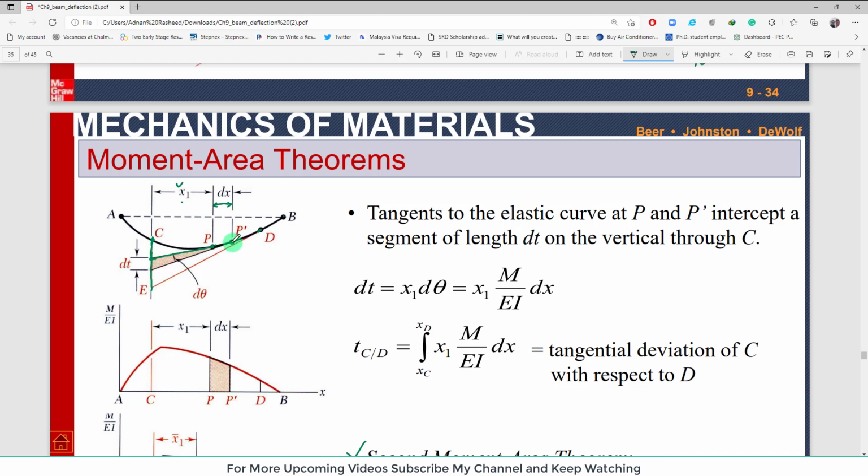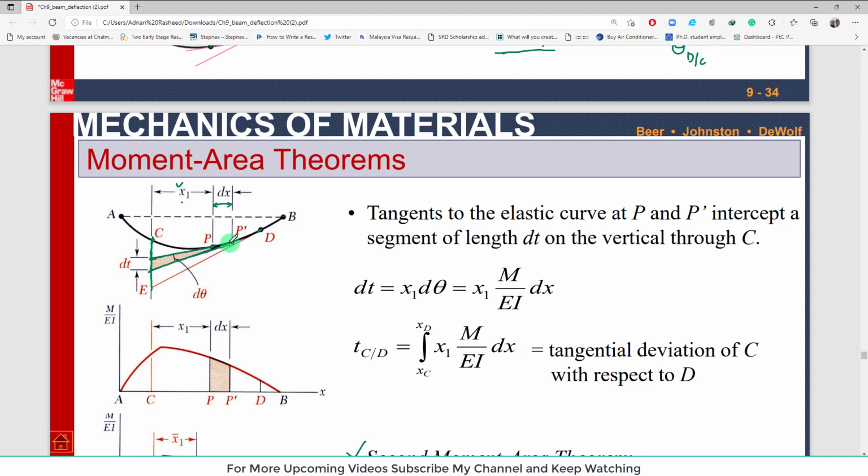And if you draw a tangent from point P dash and extend it to this vertical line, again it will meet the vertical line at this point, clear. So this small distance is equal to dt, which is obviously the deflection between this point P and P dash, clear. So that is known as dt.